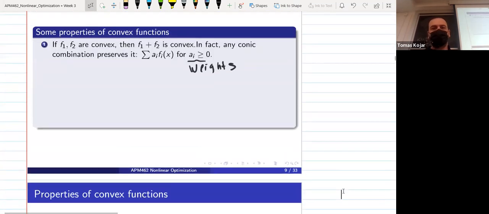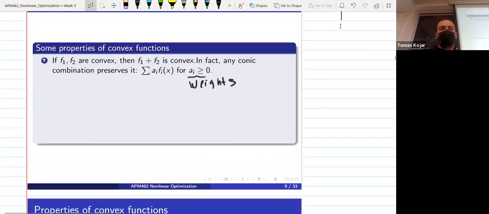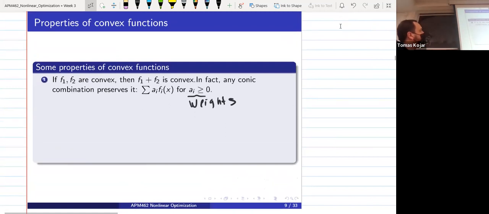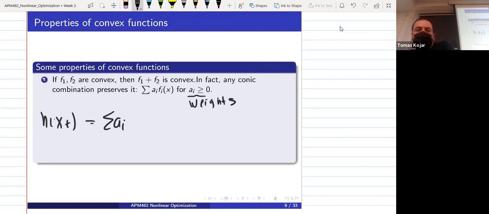So I prove it here. Let me prove it here. All right, let's do this conic combination. So we have that h of x of t, because I'm tired, is the summation of ai f of x of t, okay? Do you know what x of t is? Do I have to say it?